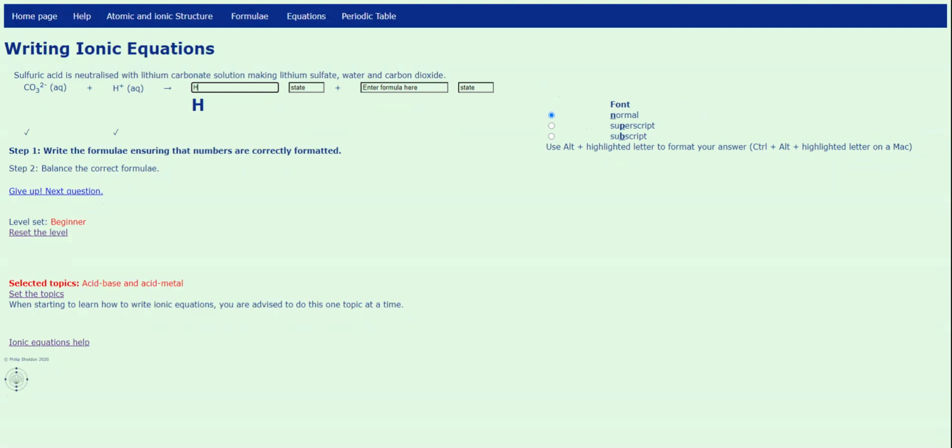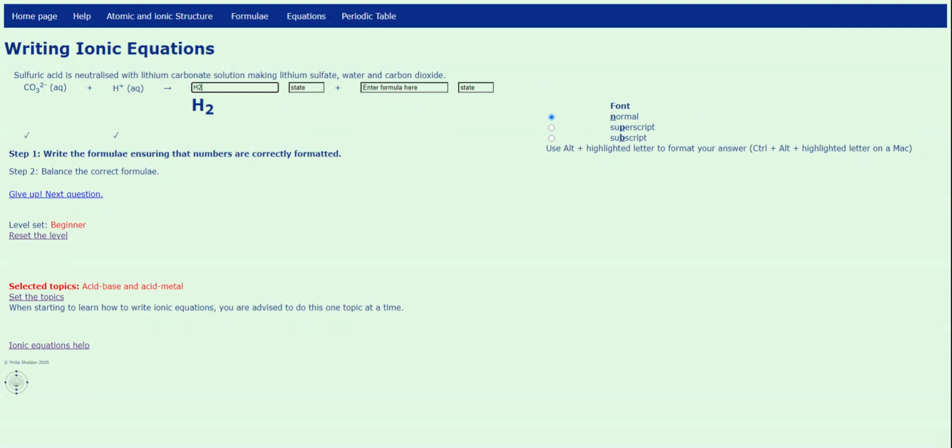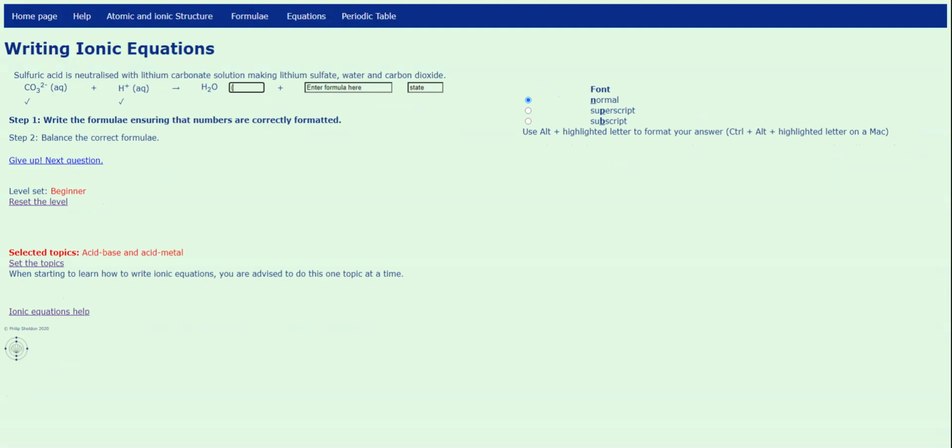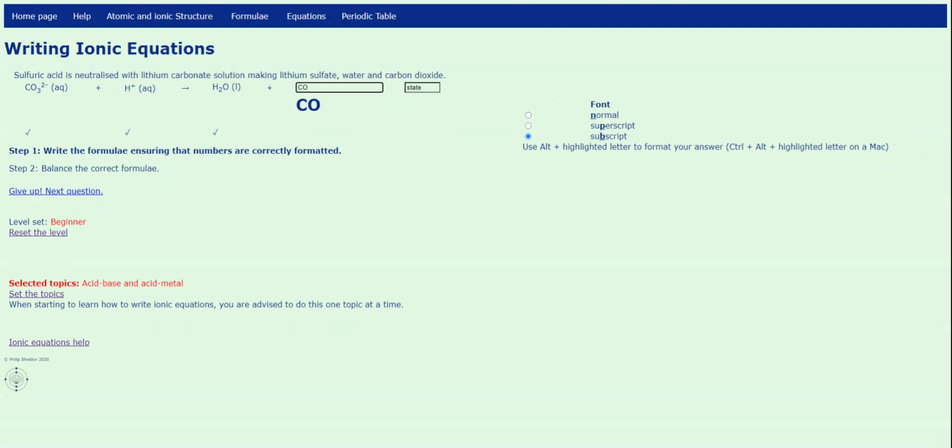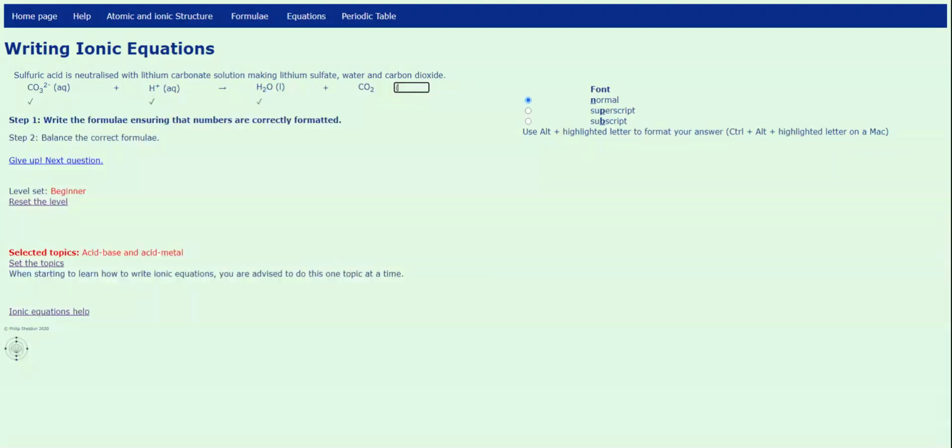So H2O is a liquid, l, and carbon dioxide. The box doesn't disappear until you've got the formula or state entered correctly.